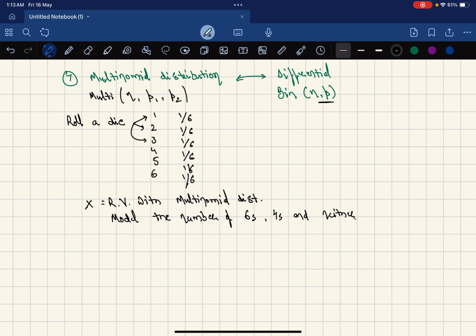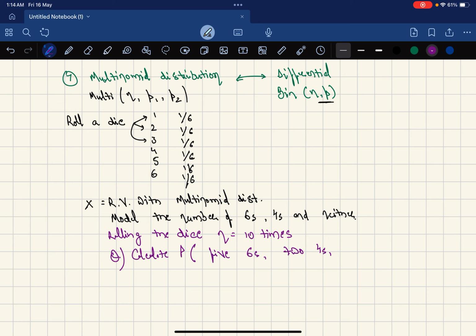Let's say we are rolling the dice 10 times. The question is, calculate the probability of getting 5 6s, 2 4s and 3 other outcomes.